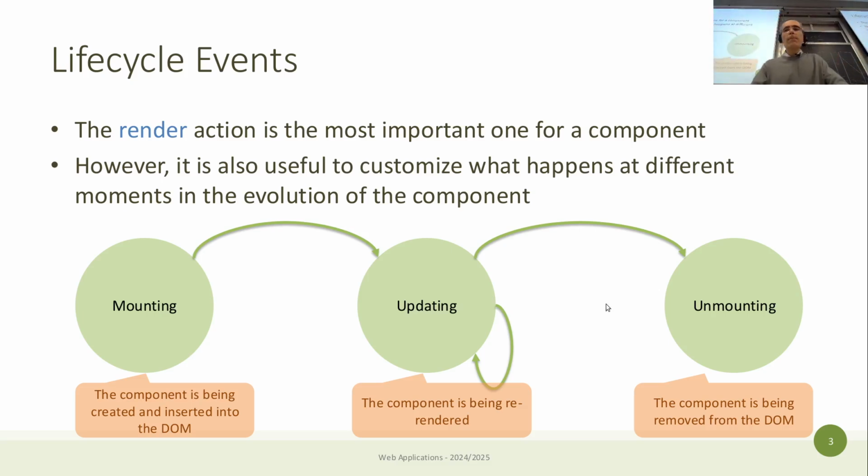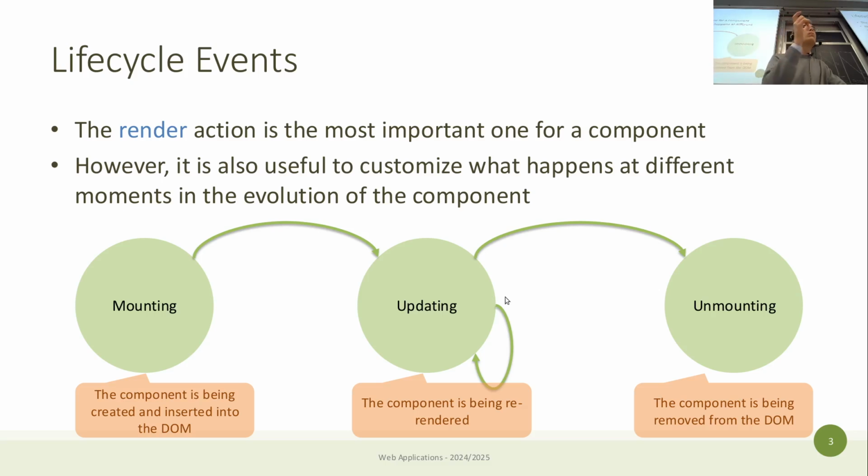Okay, but actually, each component has a life cycle. It means that it starts to exist at a certain point in time. That is what is called mounting. Okay, React mounts the component in a certain place in the element tree. Then this component exists and is updated every time React deems it's appropriate.